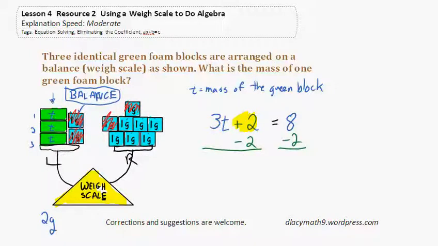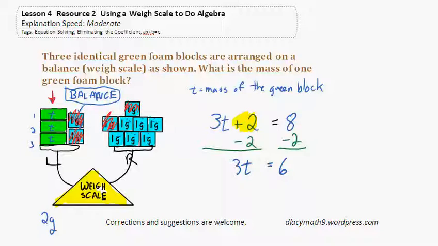And what I'm left with is just 3 blocks. And in the equation, that's going to look like 3t. On the right-hand side, I had 8, and I've taken away 2, so that leaves me 1, 2, 3, 4, 5, 6. But I knew that because it was 8 and negative 2 is 6.